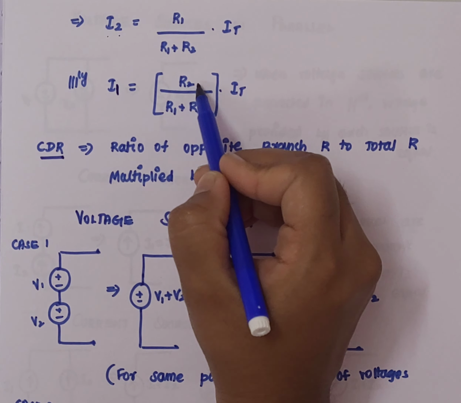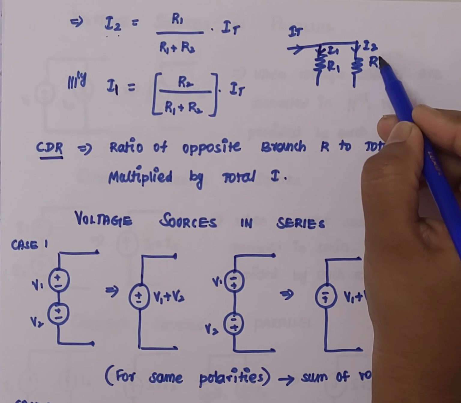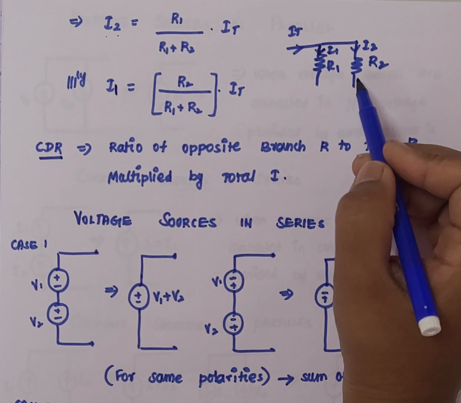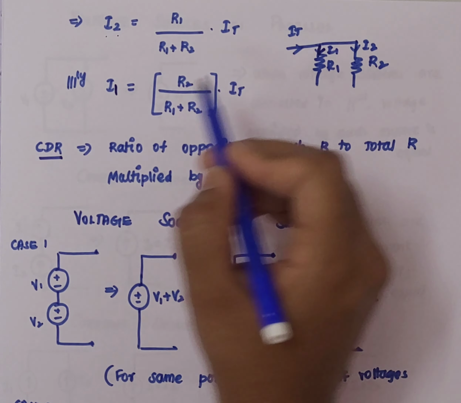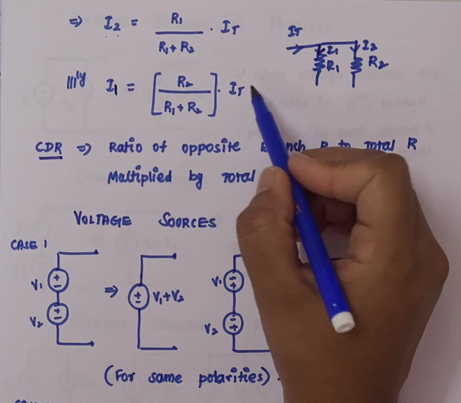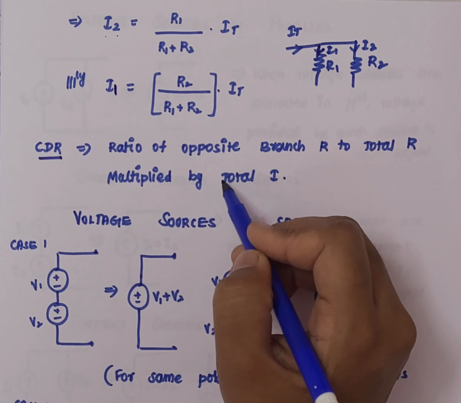The current flowing across I1 will be equivalent to the ratio of the opposite branch, which is R2, divided by the total resistance, R1 plus R2, into the total current IT. So this is the current division rule.